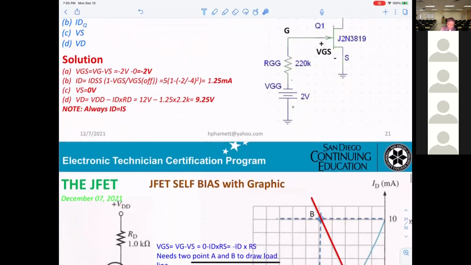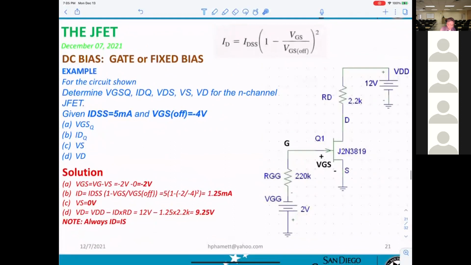Mr. Pam, question on that. Yeah, I just got a real quick question. We deal with bipolar transistors, which is PNP, NPN, and JFET. But when it comes to the bipolar, you have IE and IC. They're almost approximately the same, and then with the JFET, ID and IS is almost the same.